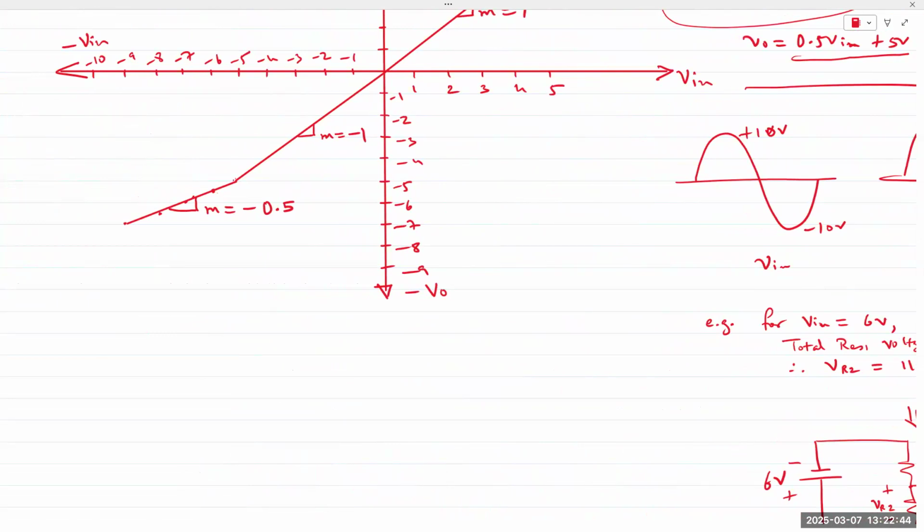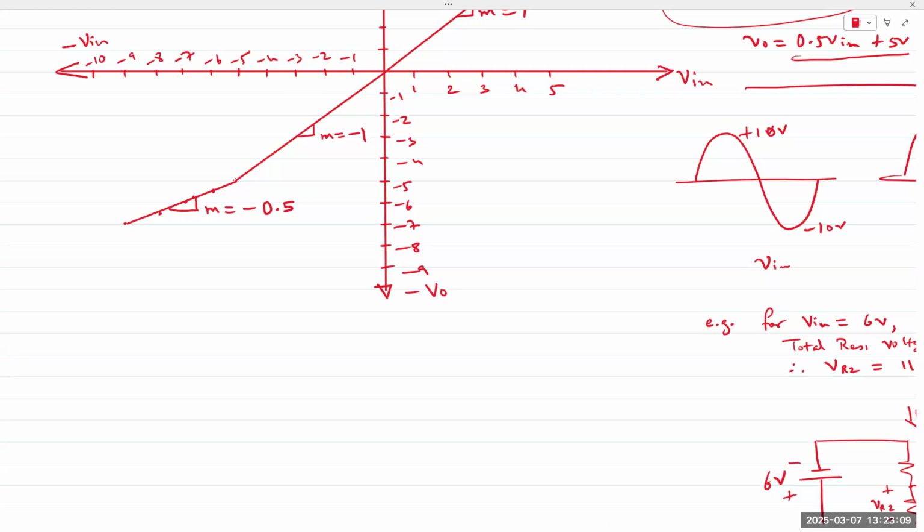V out is equal to V in, and hence we have a linear line, which is this portion, right? And above, for every 1 volt you apply, the output's going to be half. 5 volts will always be consumed by the Zener diode.